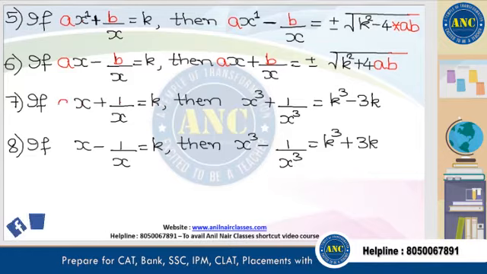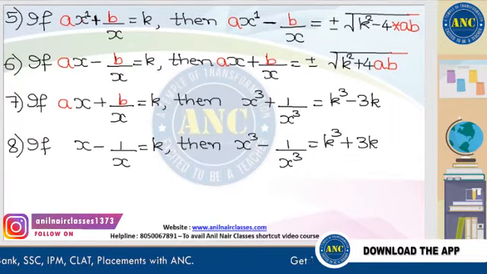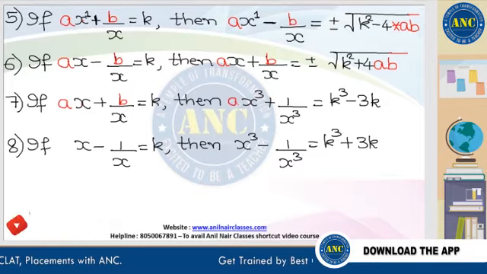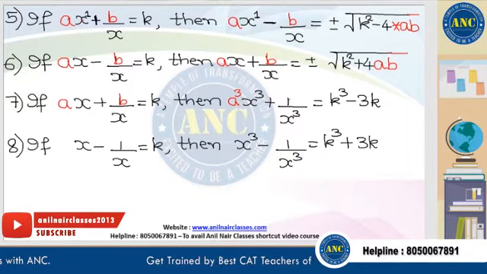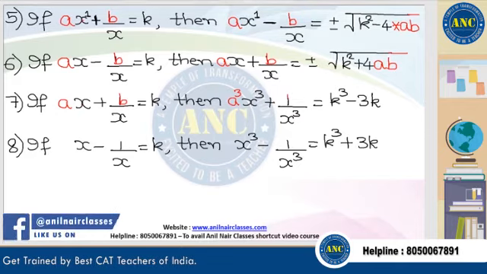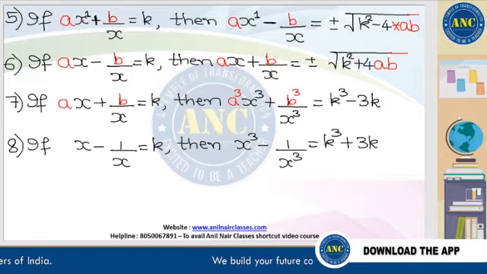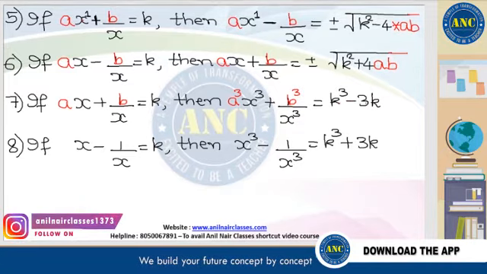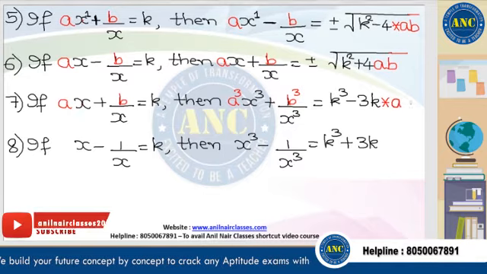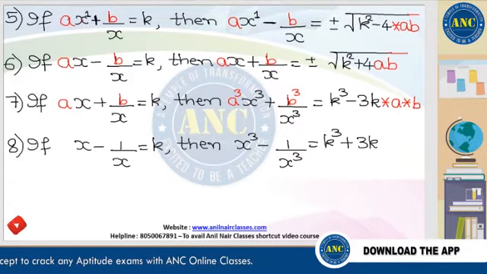Then it becomes ax plus b by x is equal to k. Instead of 1 into x cube, it becomes a cube into x cube. Instead of 1 into 1 by x cube, it becomes b cube into 1 by x cube. Instead of k cube minus 3k, it becomes k cube minus 3k multiplied by a and b: for this 3k, multiply with the coefficient of x, that is a, and the coefficient of 1 by x, that is b.